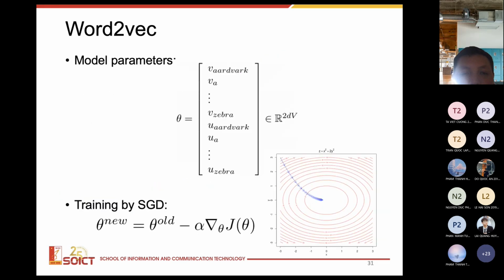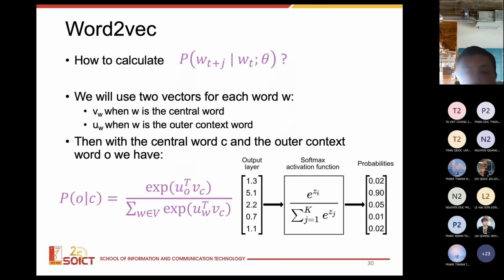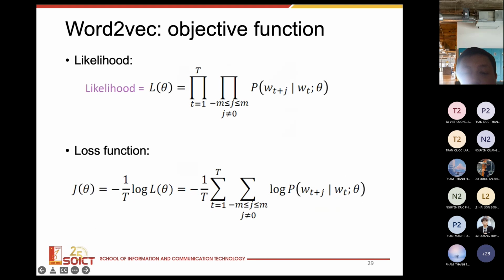Okay, so then our word2vec model parameters will consist of every V and U for every word in the dictionary, right? So we are now clear about the model parameters, the objective, and how to calculate the probability.